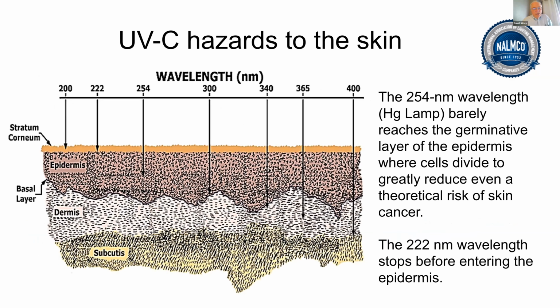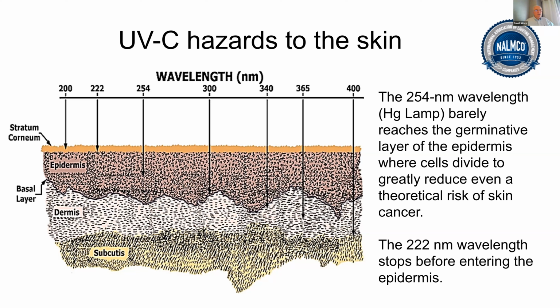Now let's go into a little more detail about the skin. And the figure here shows a diagram of the different layers of the skin. The outermost layer of the skin is the stratum corneum. That's that very thin layer on the very top that's painted in orange. And then the living cells is the epidermis.